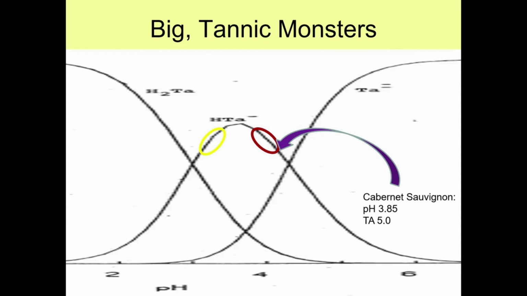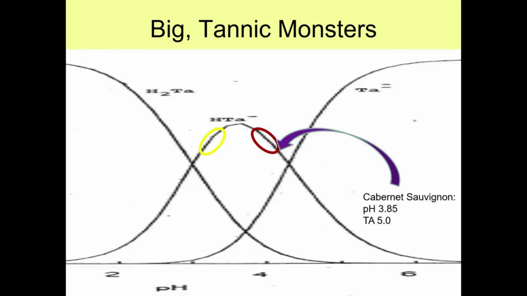We want the TA to be low because we got a lot of tannin here and we don't want it to be coarse. So we would like the minimum amount of acidity and salivary protein to come into the mouth. So that's why we have that as a target.